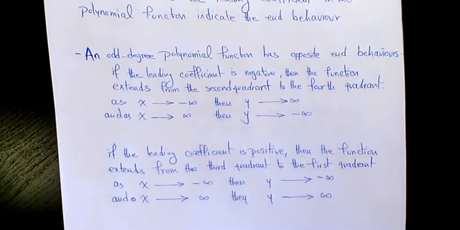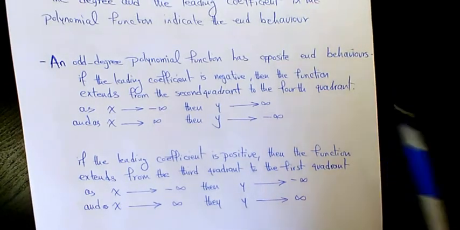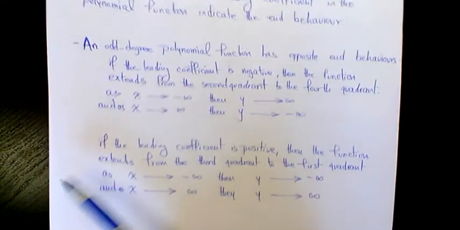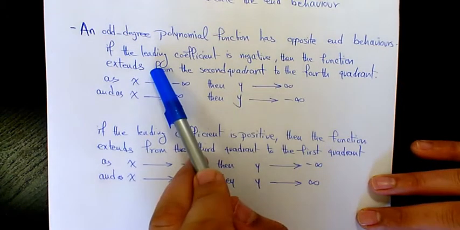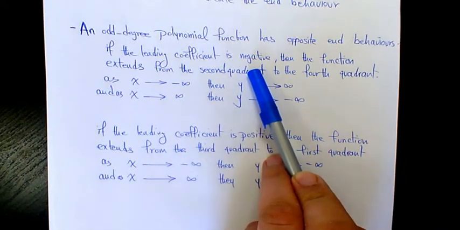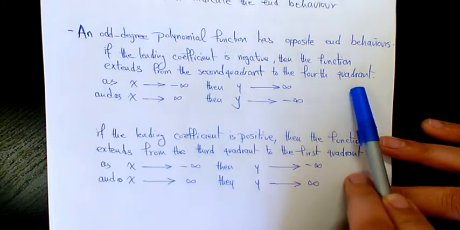Odd degree polynomial functions, those with a degree of 3, 5, 7, and so on, can have opposite end behavior. Sometimes the leading coefficient of the polynomial is negative, sometimes it is positive. If the leading coefficient is negative, then we can say it extends from the second quadrant to the fourth quadrant.